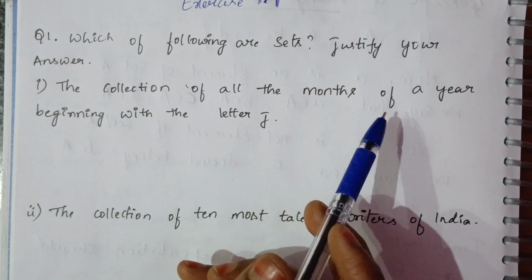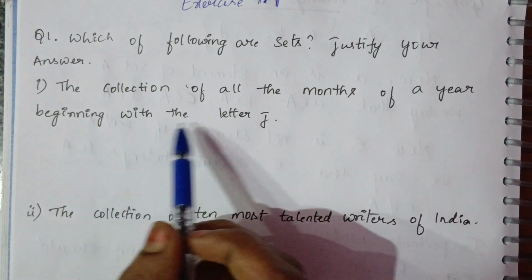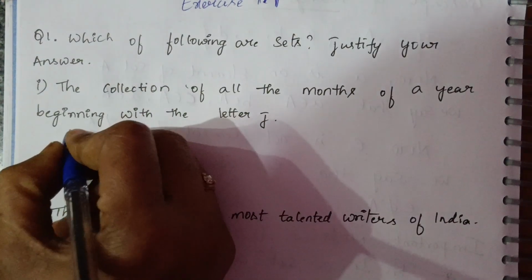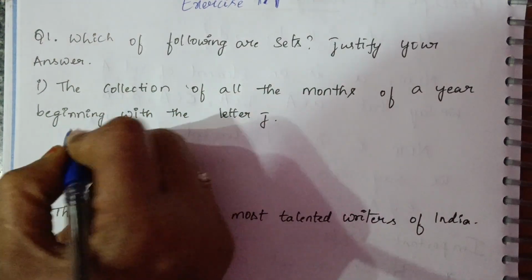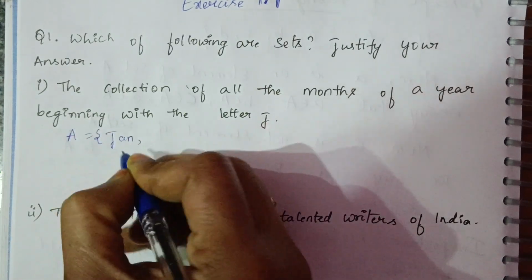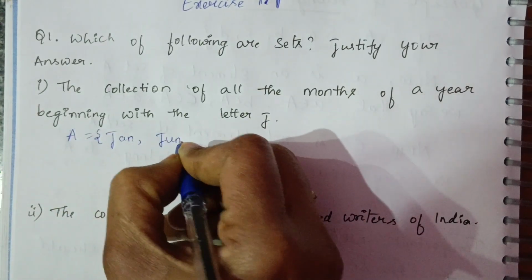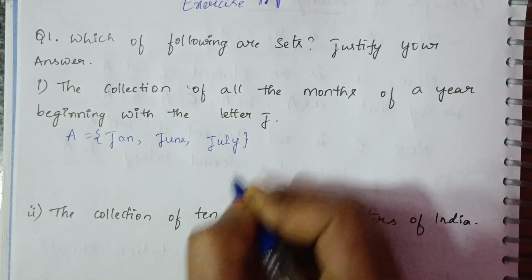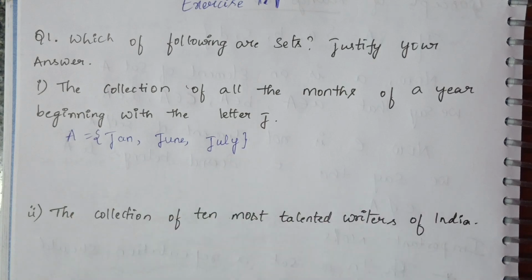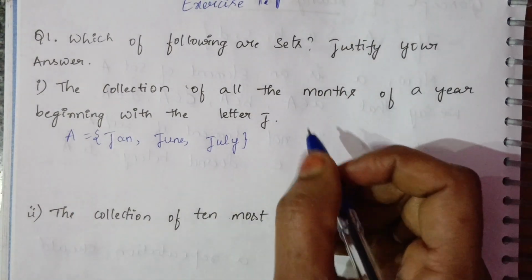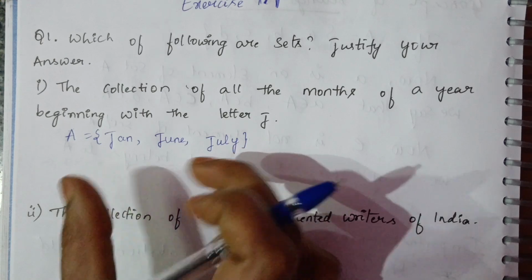The collection of all months of a year beginning with the letter J. How many months are there beginning with the letter J? If you take set A, one is January, one more is June, and one more is July. These three months begin with the letter J. If you ask anyone, they'll say the same answer.